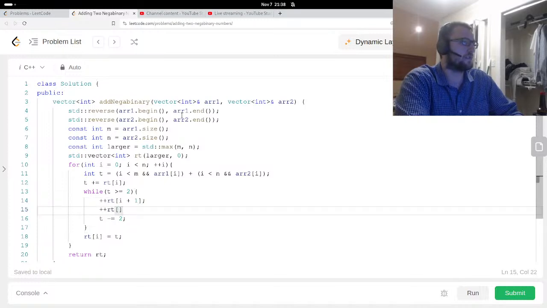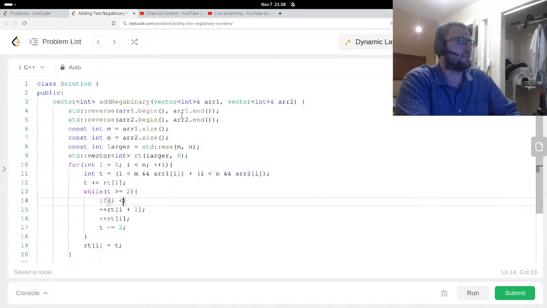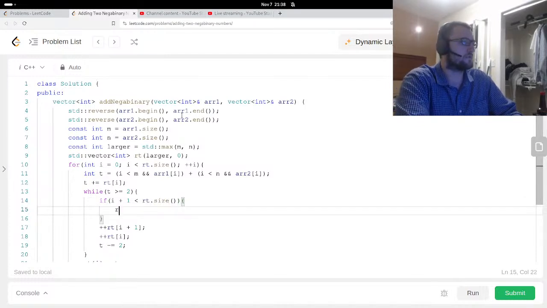And RT of I. Okay. And we'll say if I plus 1 is less than, we're not going to say n, we're going to say RT.size. Yeah, push back a value.